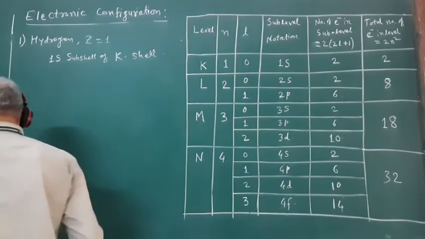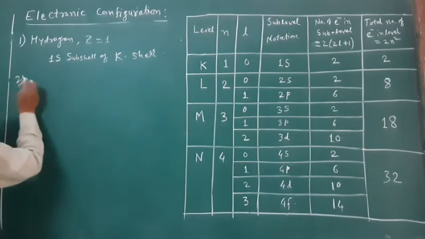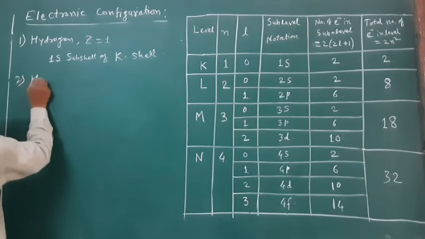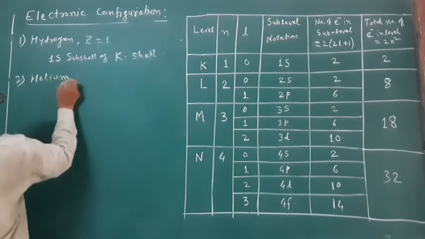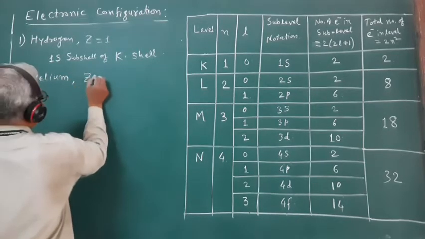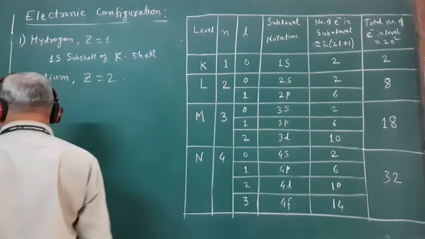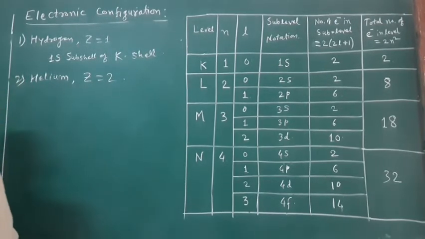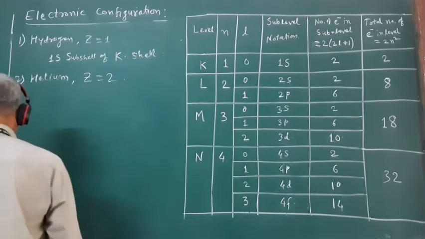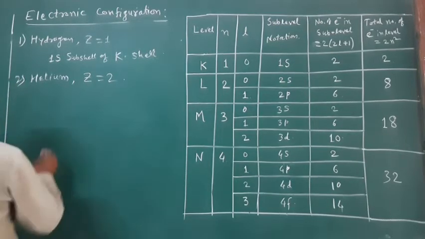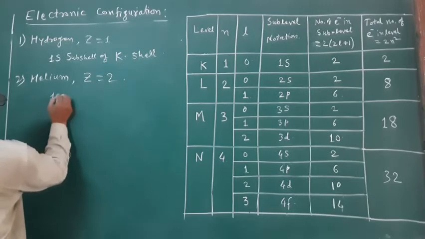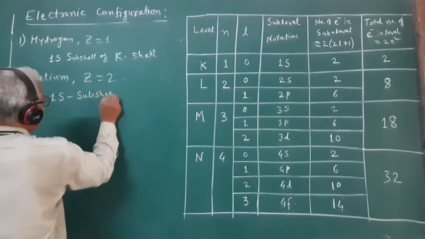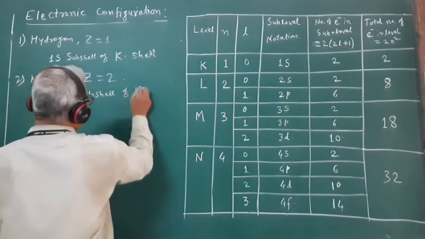Then, if we consider the second example, that of helium, we know that for helium, Z is equal to 2, and these 2 electrons in the helium atom will occupy places in the 1s subshell of the K shell itself.